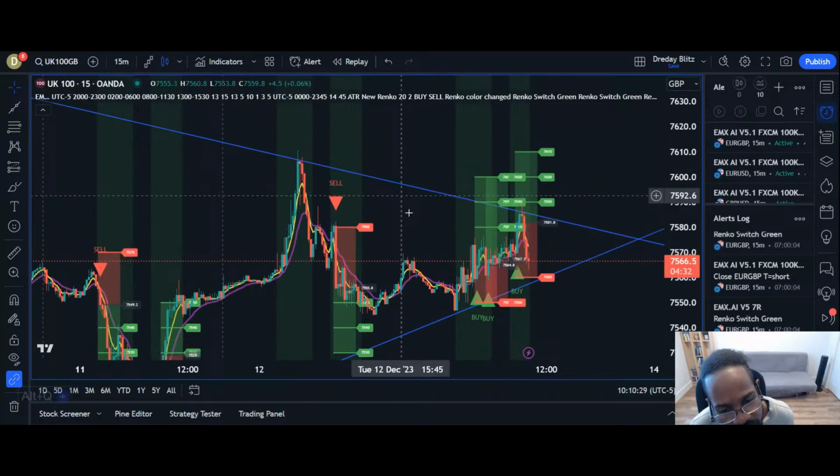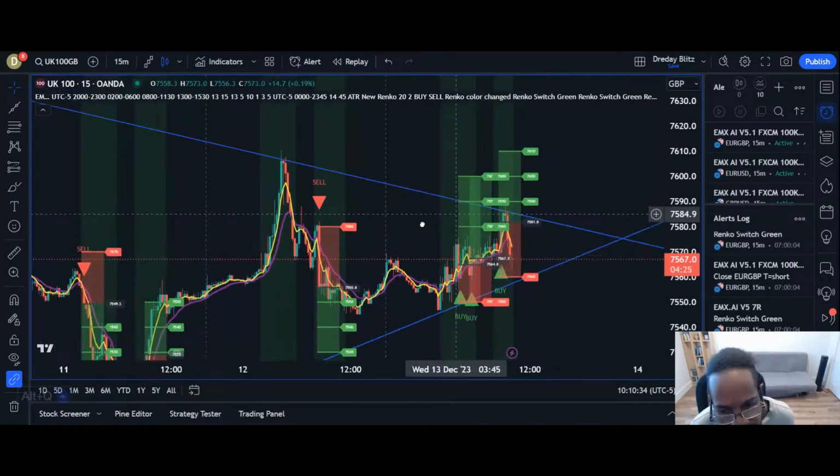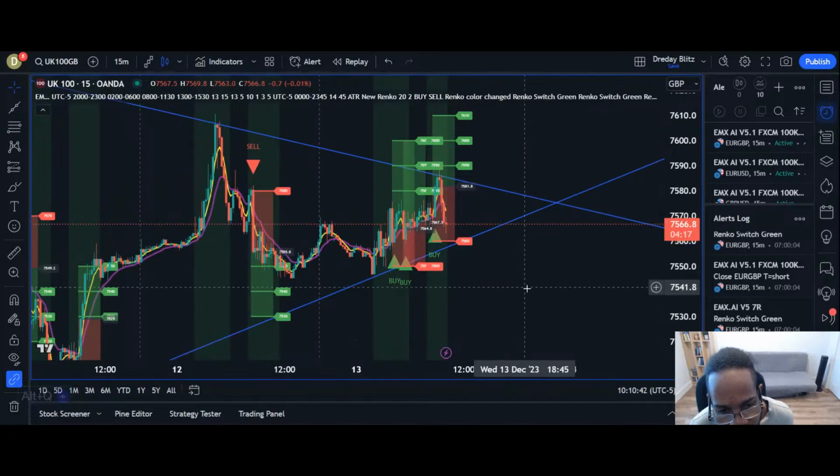So right now it's ranging. It's going up and down, up and down. So we'll see exactly if it wants to continue going down.